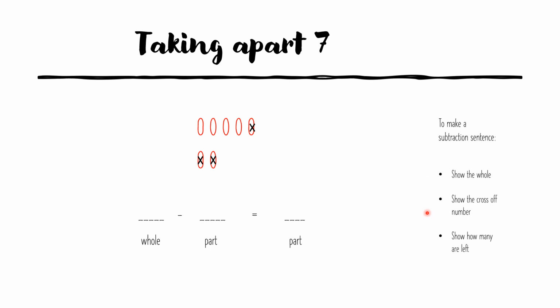After you write your subtraction symbol, next you want to show your part, your crossout number part. After you show your crossout number, you want to make sure that you use an equal sign. Remember, the equal sign is going to go between your 2 parts. After you write your equal sign, the only thing left is to write how many circles were left in the equation.